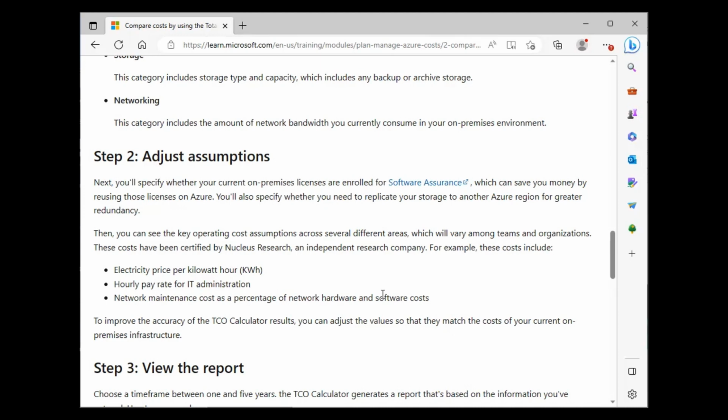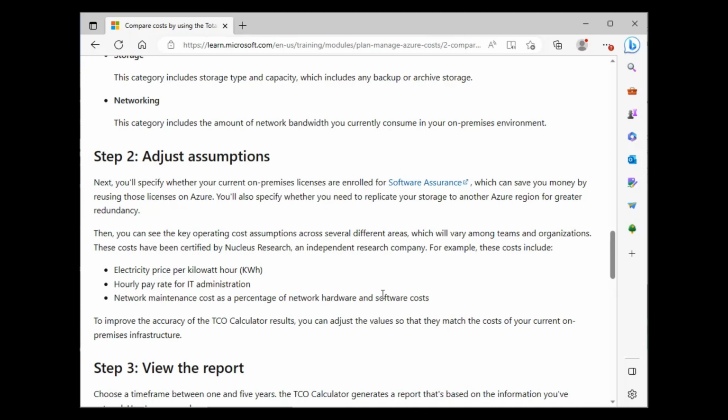For example, this cost includes electricity price per kilowatt, hourly pay rates of IT administrators, and network maintenance costs as a percentage of network hardware and software costs. To improve the accuracy of the TCO calculator results, you can adjust the values so that they match the cost of your current on-premise infrastructure.